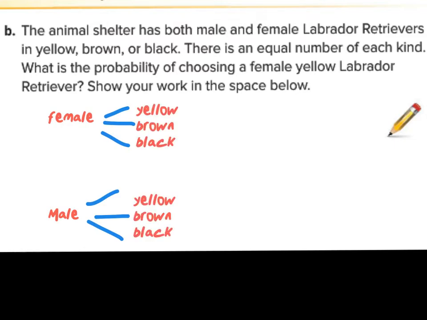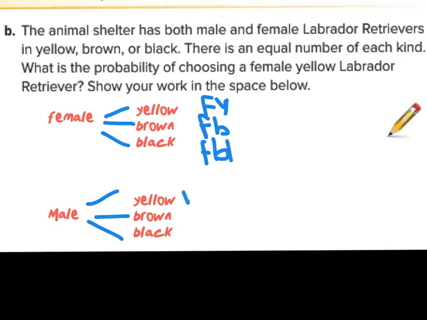So it should look something like this. Now I need to determine my sample space. My sample space looks like I have here female yellow, female brown, and female black.